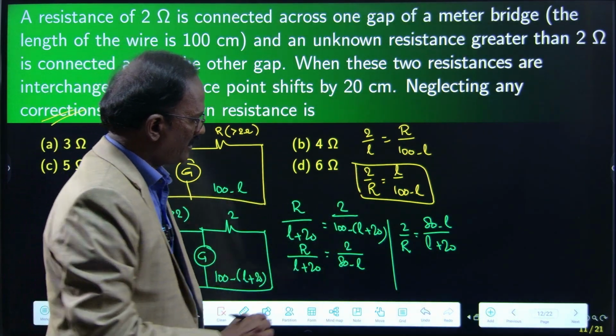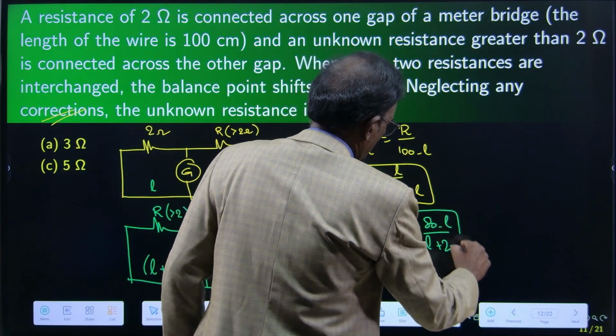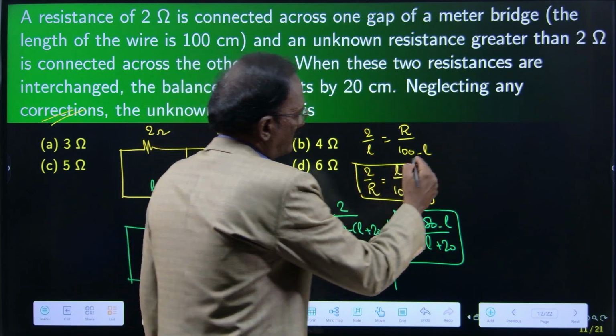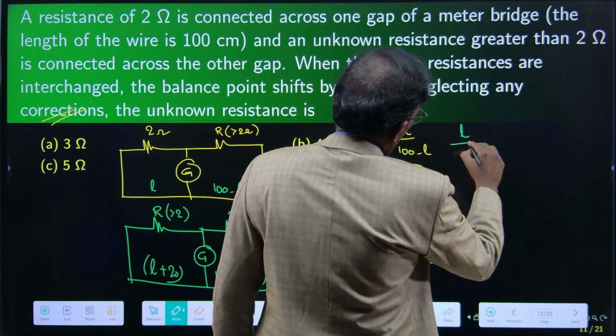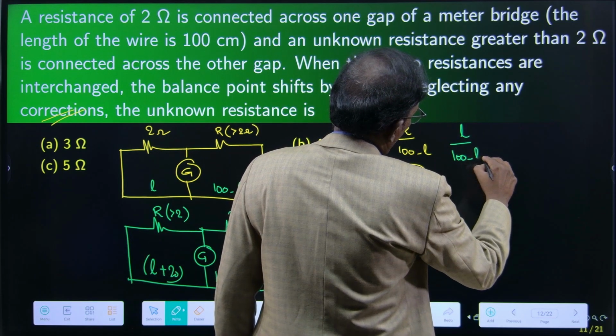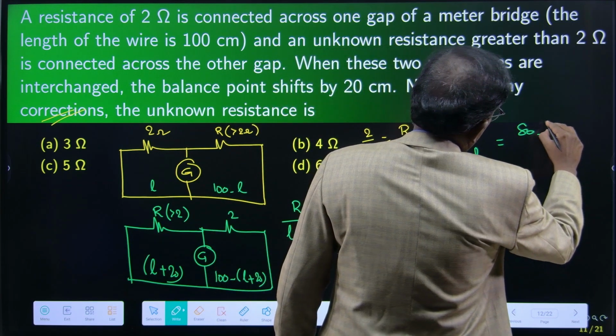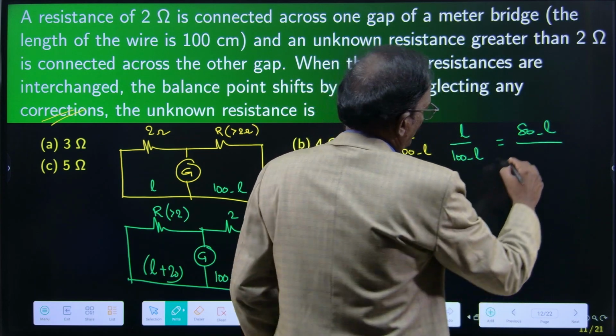So this is 2 by R and this is also 2 by R. We can equate these two equations. L divided by 100 minus L is equal to 80 minus L by L plus 20.